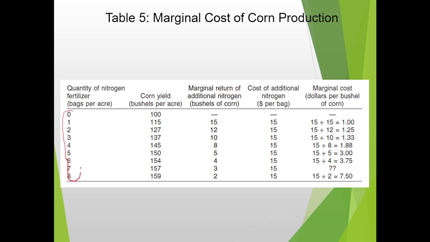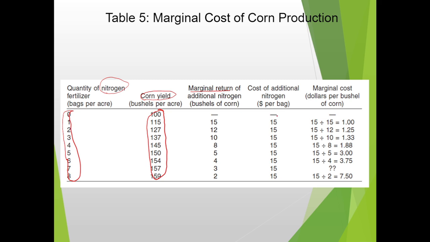Quantity of nitrogen fertilizers and corn yield. This is the same data that we have been working on. This is the data related to farming done by Paul, right? You know what marginal return is, right? The increase in corn yield as the result of 1 unit increase in nitrogen fertilizer.